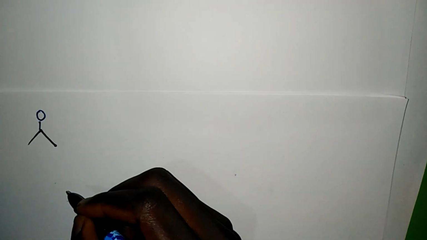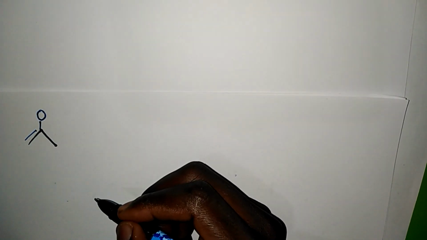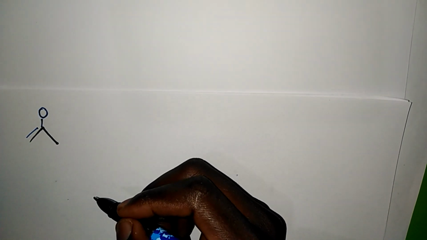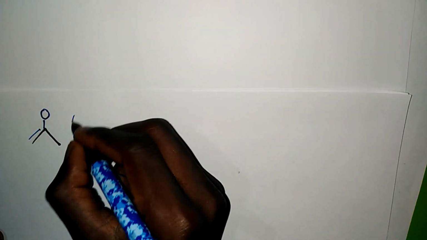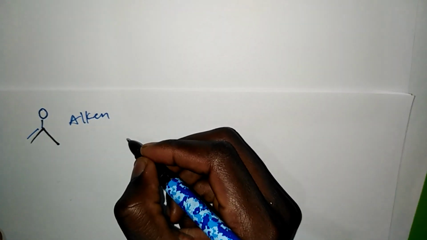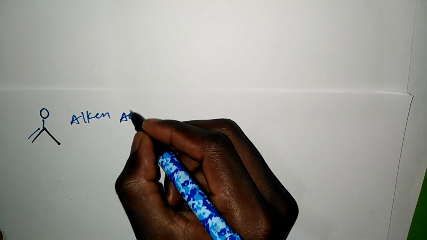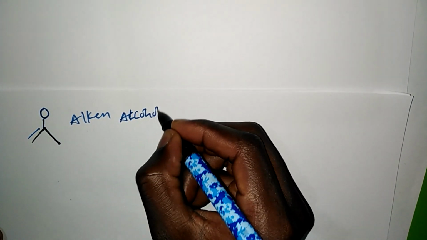So what if you have a functional group like this? And then we have a double bond here. What do you name it? Now this functional group comprises an alkene and then an alcohol.